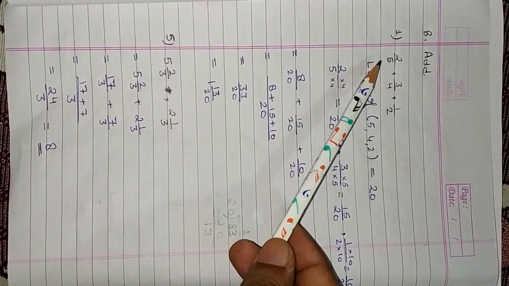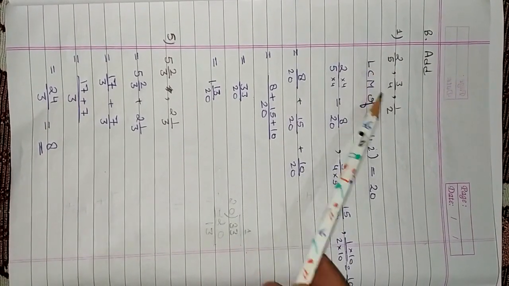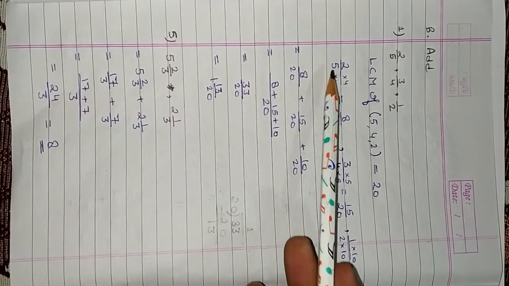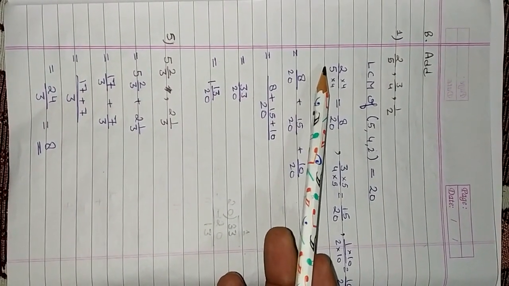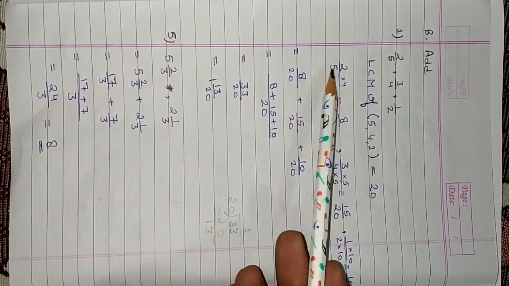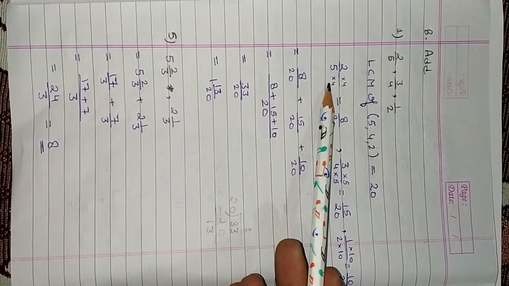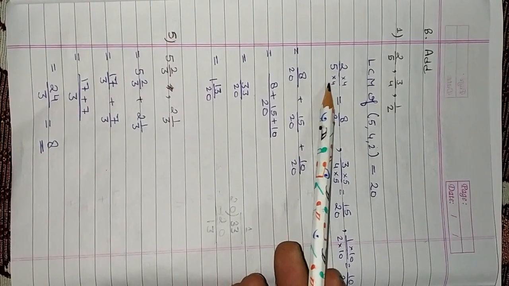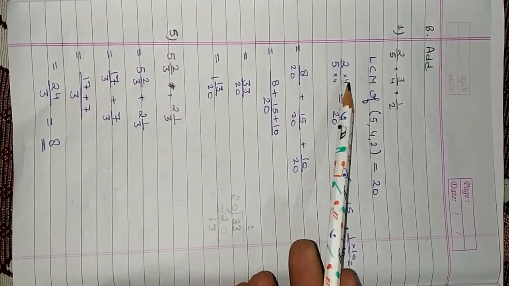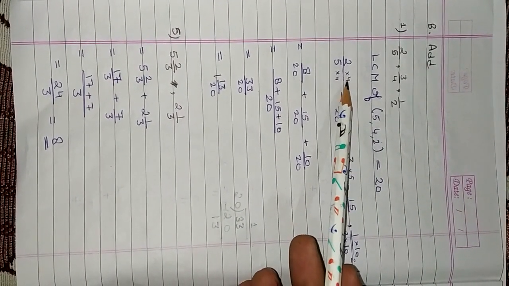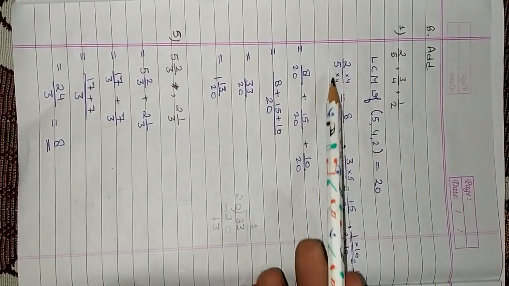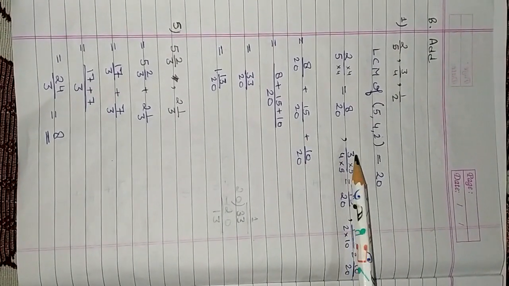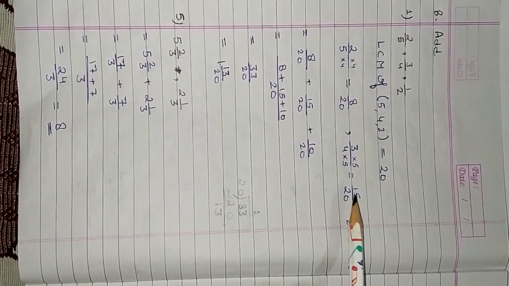Now make the denominators of all fractions 20. First fraction is 2 by 5. To make the denominator 20, we have to multiply 5 by 4. If we multiply the denominator by 4, we must multiply the numerator also by 4. So 5 4s are 20, 2 4s are 8. Second fraction is 3 by 4.